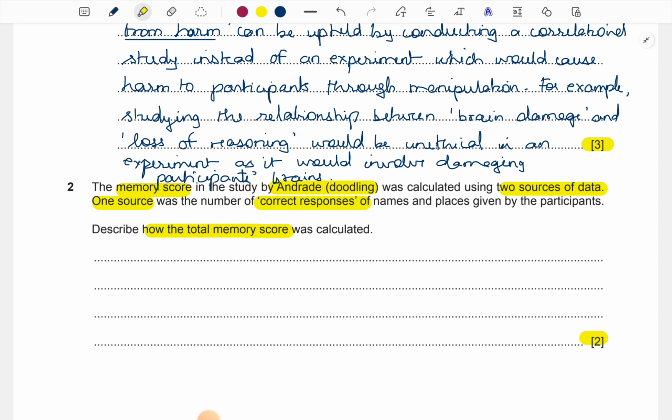So I'll write an answer first and then I'll tell you how students become vague about it. So in the Andrade study, we can say the other source was false alarms made by participants.